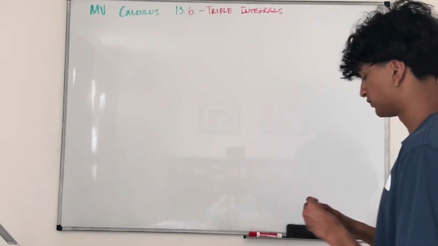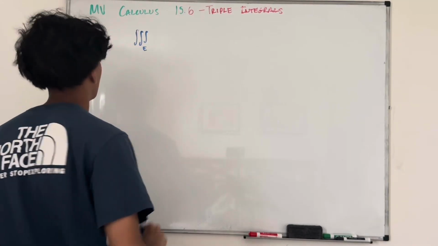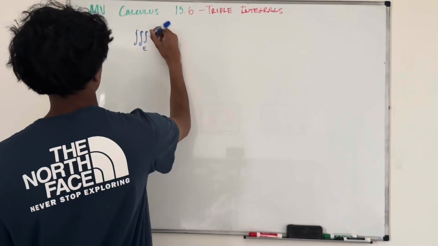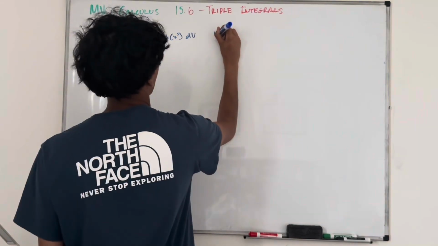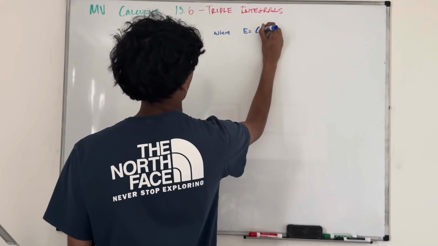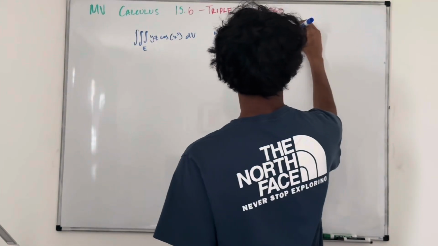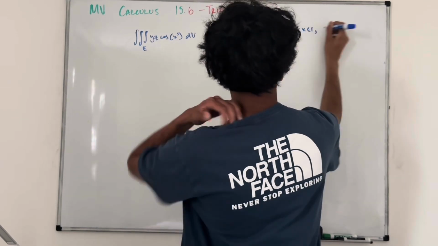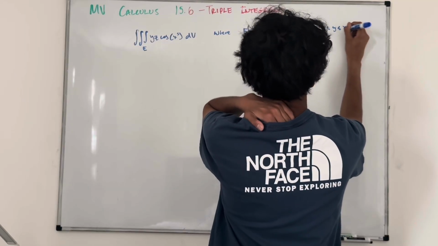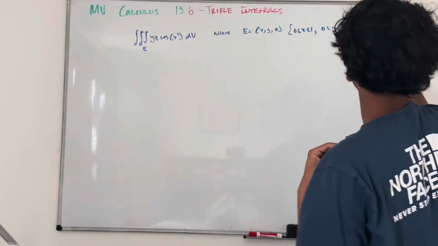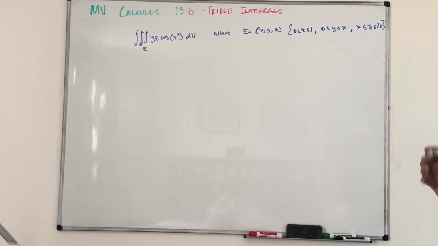So we have the integral over a solid E, or region E, of y times z times cosine of x to the 5th dV, where E equals the set of (x, y, z) such that 0 is less than or equal to x, less than or equal to 1, and 0 is less than or equal to y, less than or equal to x, and x is less than or equal to z, which is less than or equal to 2x. So what these inequalities describe is the region we're integrating over, right?